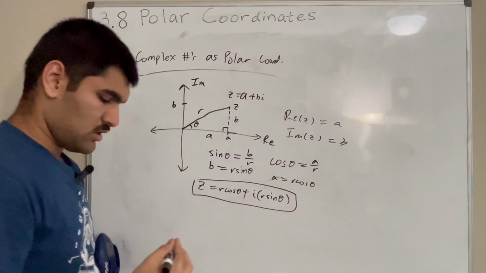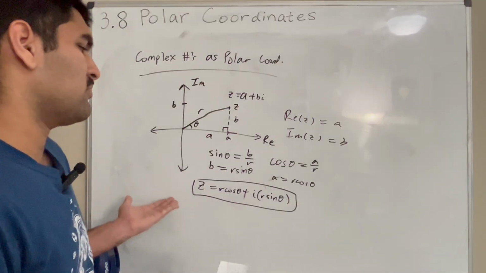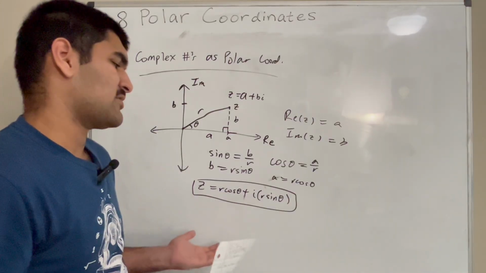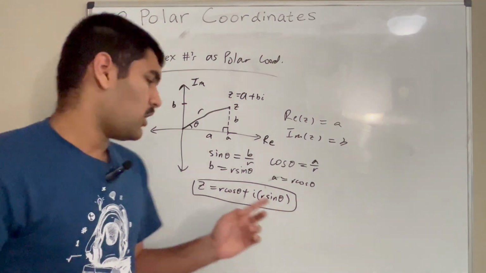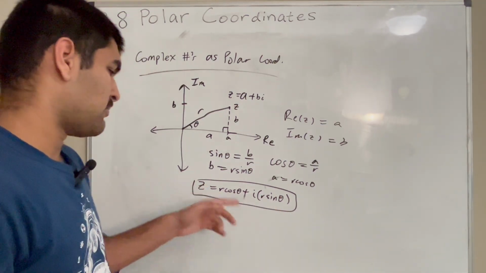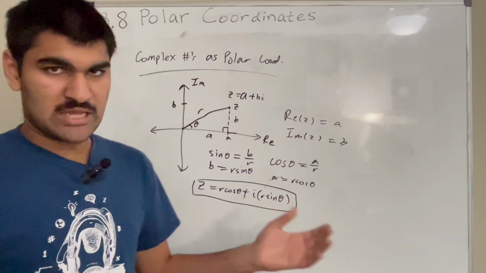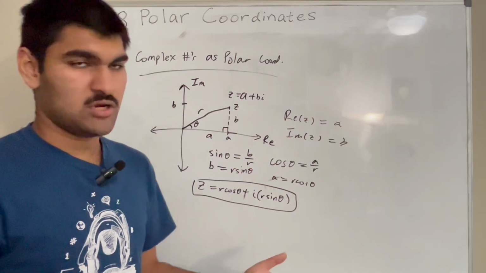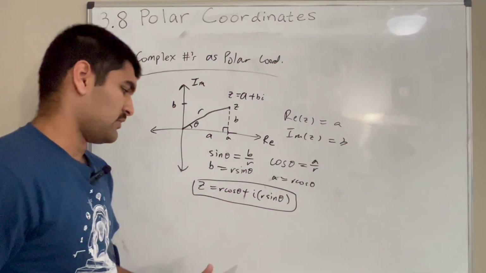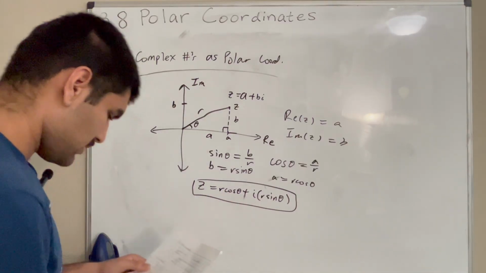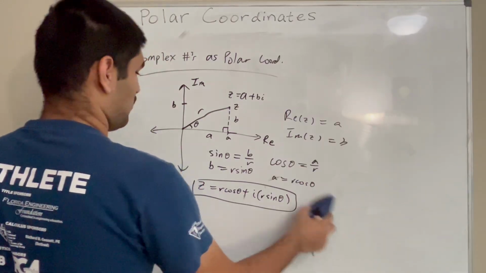Okay, and you might be wondering, what was even the point of doing this? What's the motivation behind writing a complex number in polar form? Because it looks more complicated, right? But actually, writing complex numbers in polar form makes it easier to take powers of complex numbers, and makes doing arithmetic much easier. All right, so that's the one implication of rewriting the complex number in this way. But anyway, let's do some examples converting complex numbers to polar form.